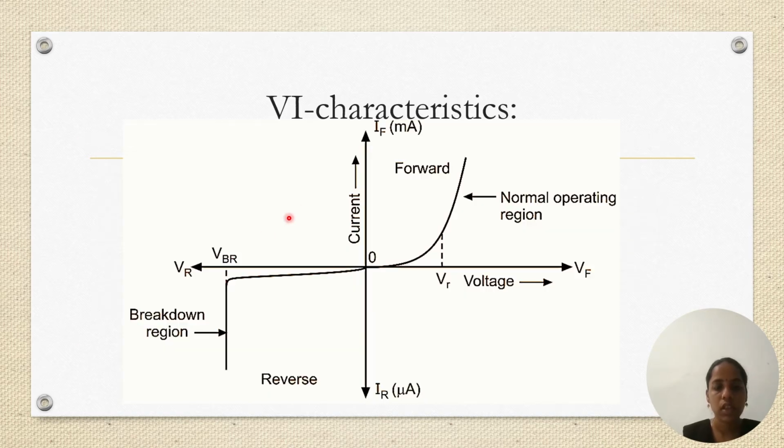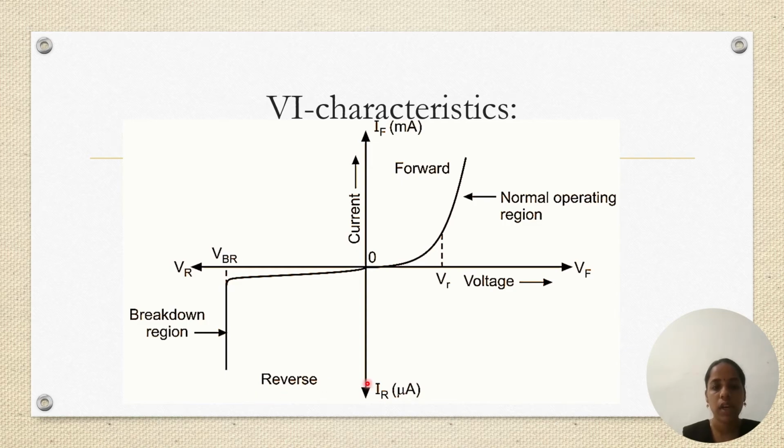Next, VI characteristics of a PN junction diode. In VI characteristics, three regions are formed: normal operating region, breakdown region, two regions. This is the forward bias. How can we represent the graphical representation?